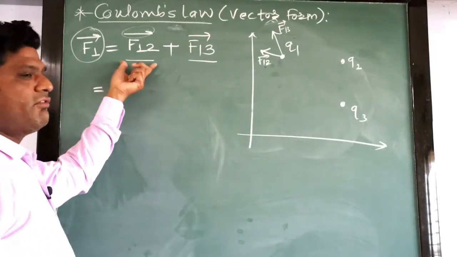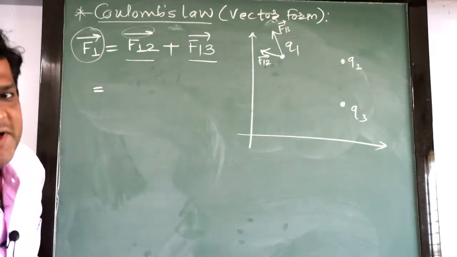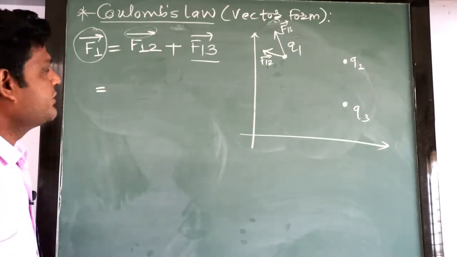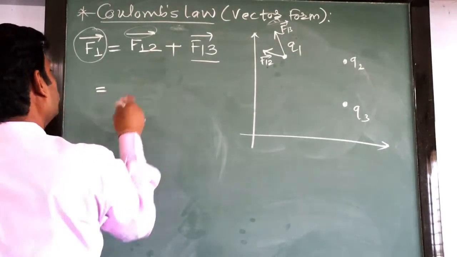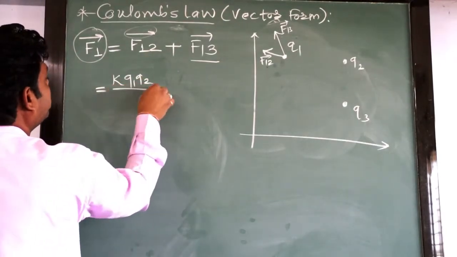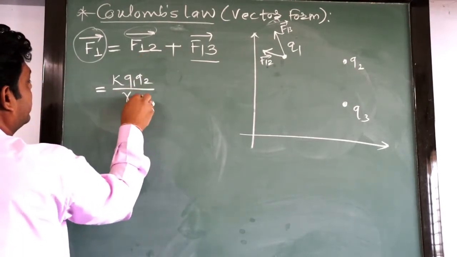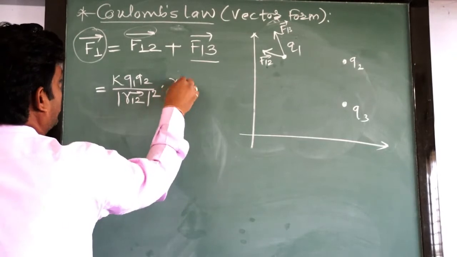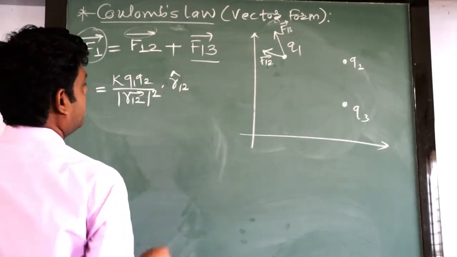Now putting the value of F12, we already know what F12 is. F12 is the force acting on 1 due to 2. So we can write K Q1 Q2 divided by R12 vector mod square R12 cap.